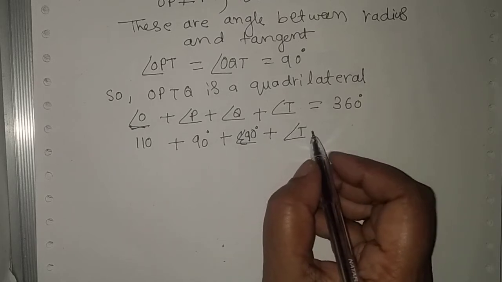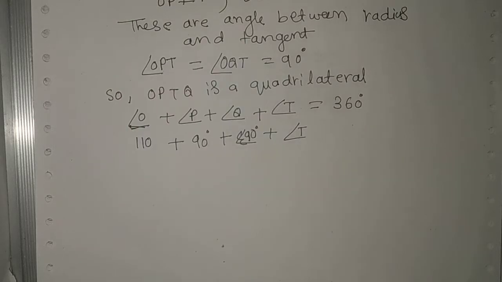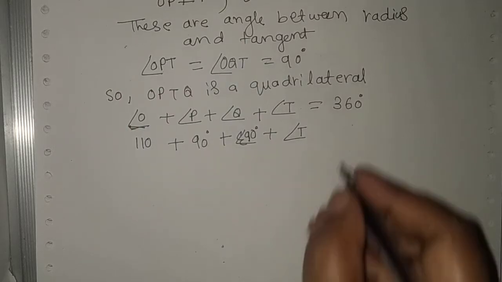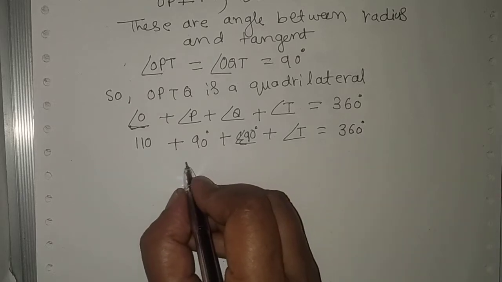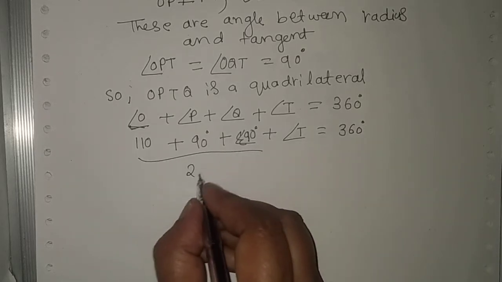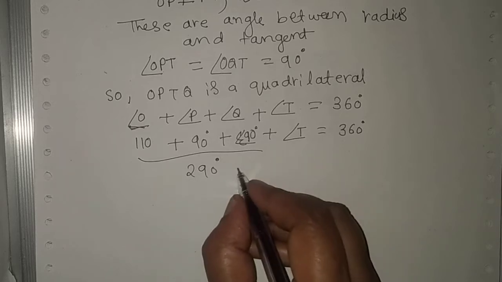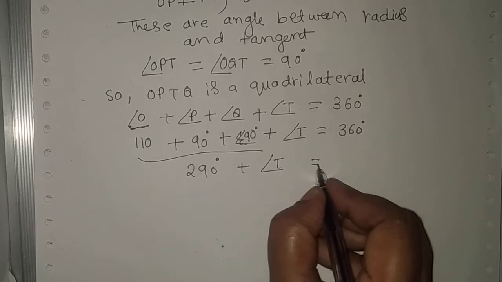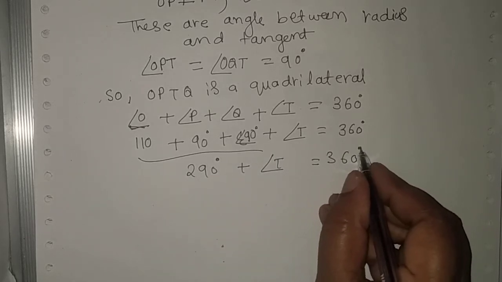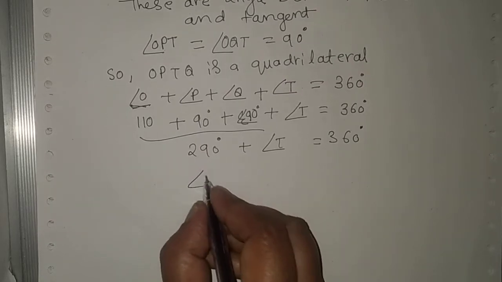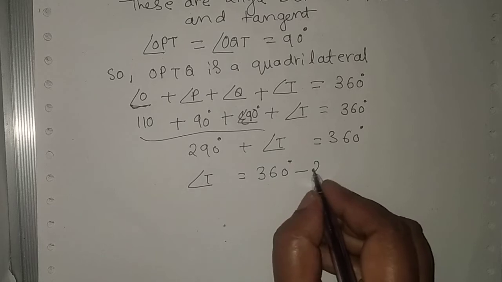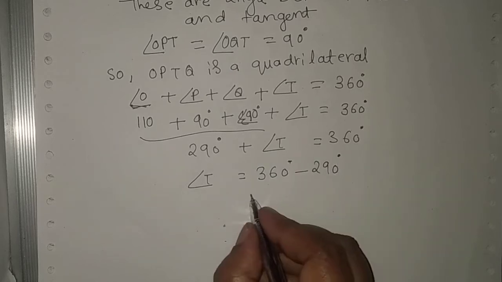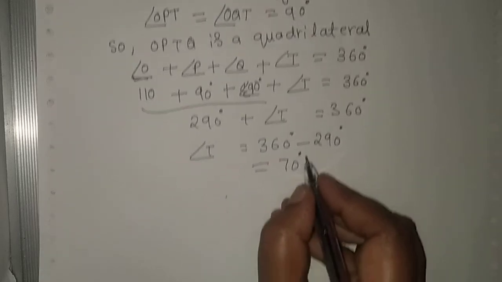T comes here, that is PTQ, which is equal to 360 degrees. Now add all these, we get 290 degrees. So 290 plus T is equal to 360 degrees. Therefore T is equal to 360 degrees minus 290 degrees, which is equal to 70 degrees.